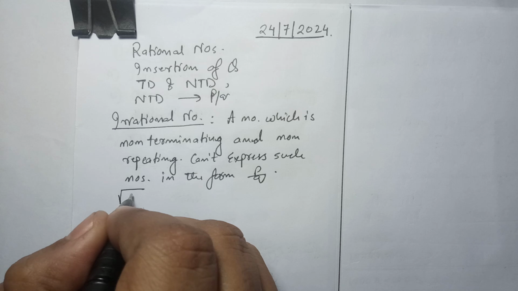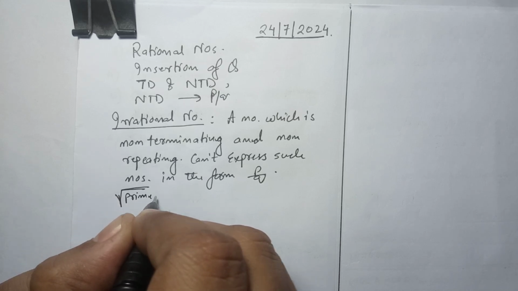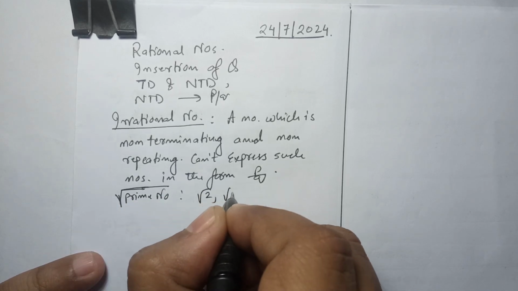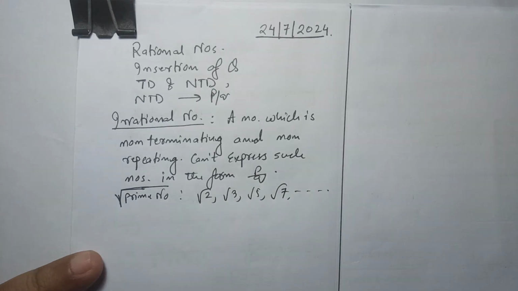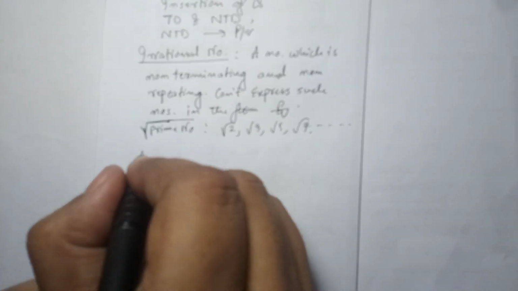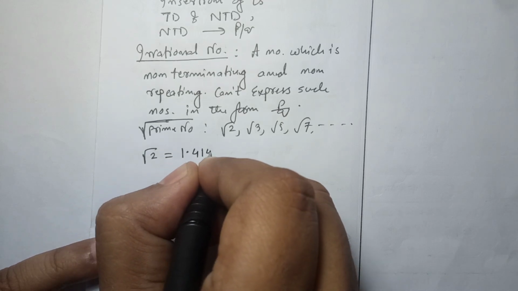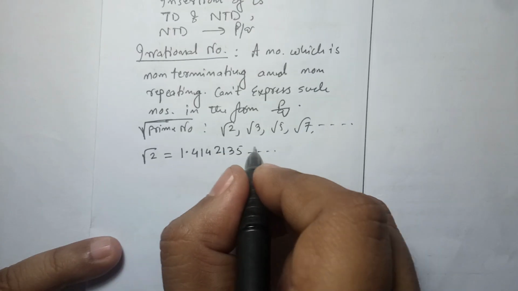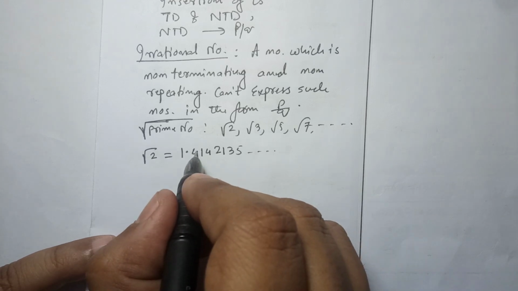So what are the examples of such numbers? Root of any prime number, for example root 2, root 3, root 5, root 7, because we know that root 2 is 1.414213 and it goes on and on. It is non-terminating and at the same time it is non-repeating.